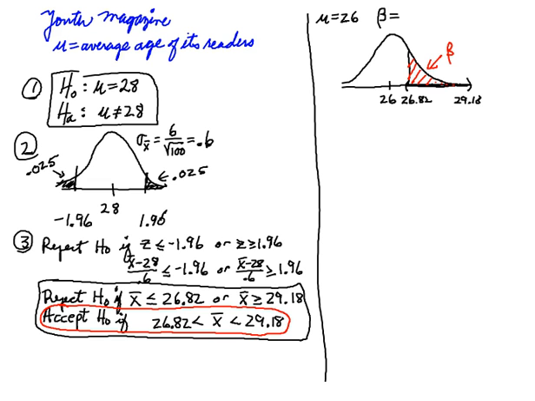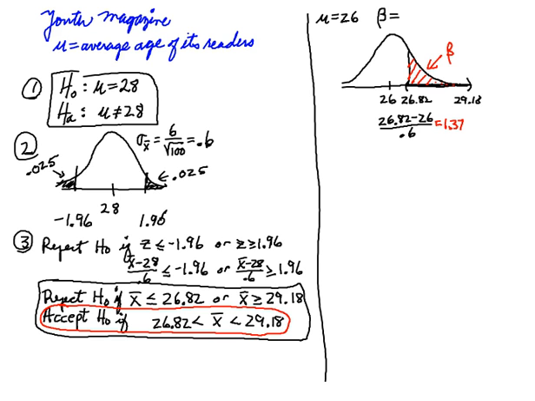Now what do I do to calculate that? Well, I need the z-score of the 26.82 against the 26 divided by 0.6. And that turns out to be 1.37.